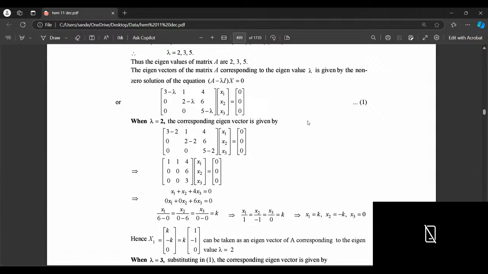So this is equal to k: x1 is k, x2 is minus k, and x3 is 0. This means your first eigenvector is x equal to k times (1, minus 1, 0). Already we know eigenvectors are not unique, so k may be anything. So your first eigenvector is (1, minus 1, 0).